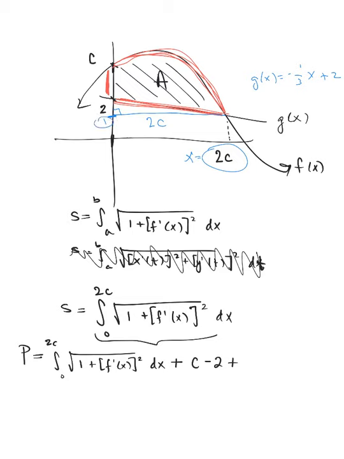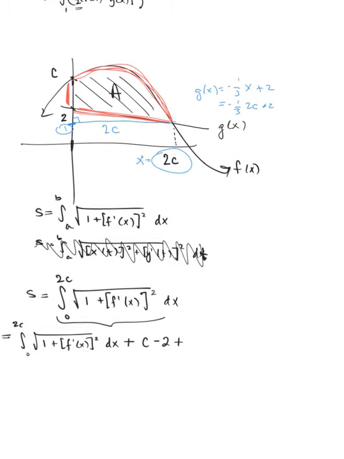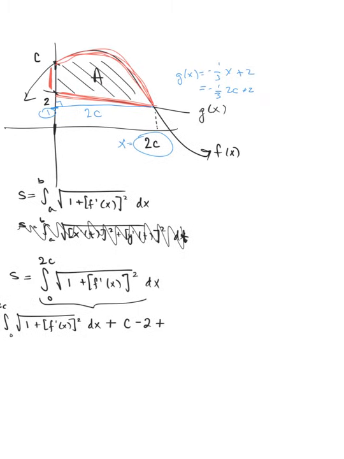So for example, this would be negative 1/3 times 2c plus 2. Let me scoot that over so I have a little more room to work. Let's start that again: negative 1/3, and the x value is 2c, plus 2.